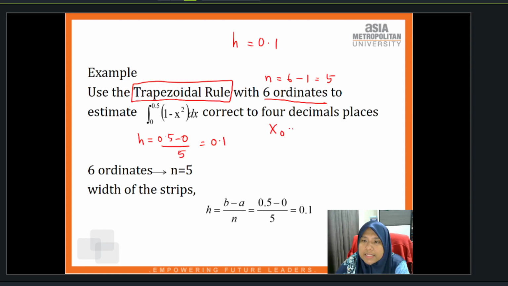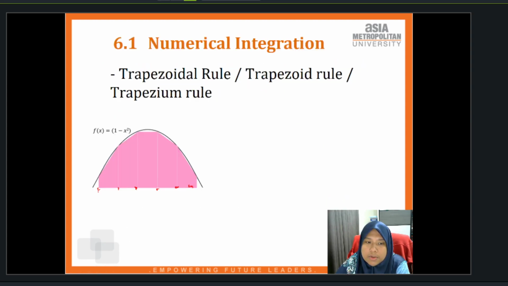Our first x0 starts from 0. Then x1 is 0 plus h, which is 0.1, so the second ordinate is 0.1, the third one is 0.2, and so on.